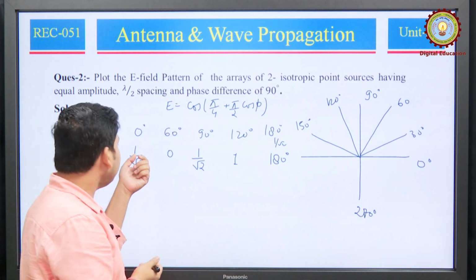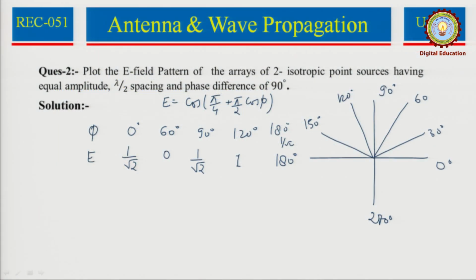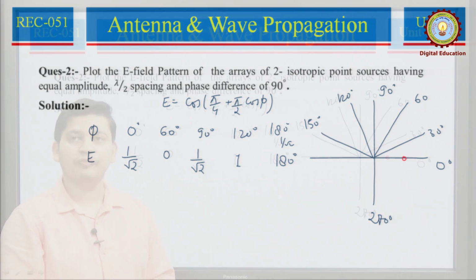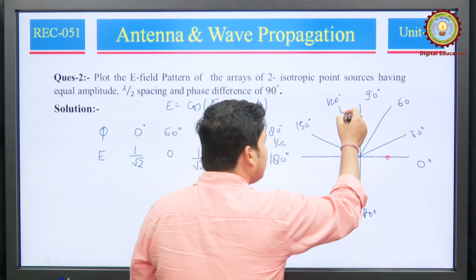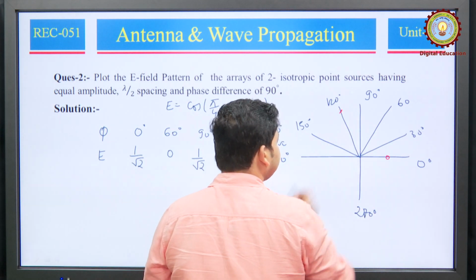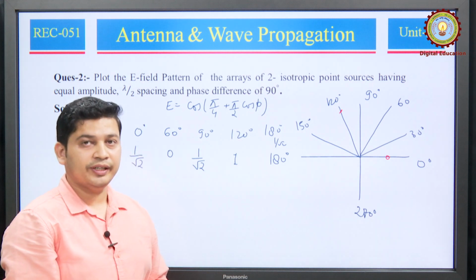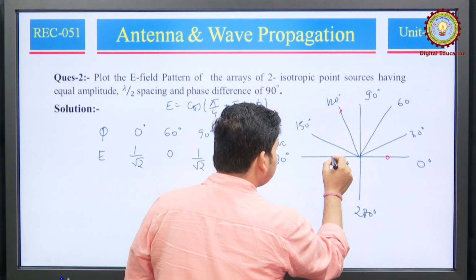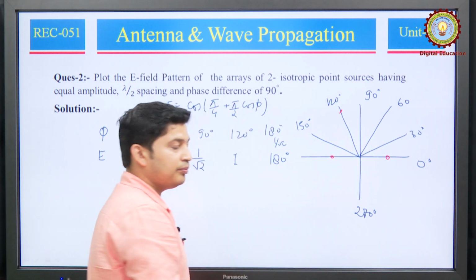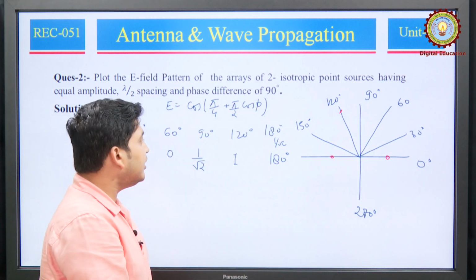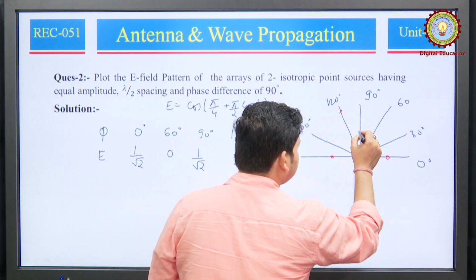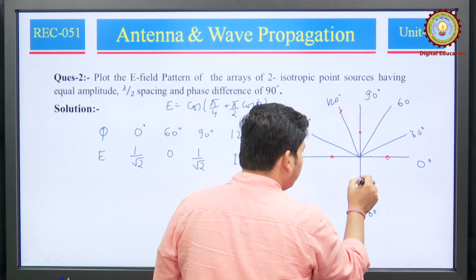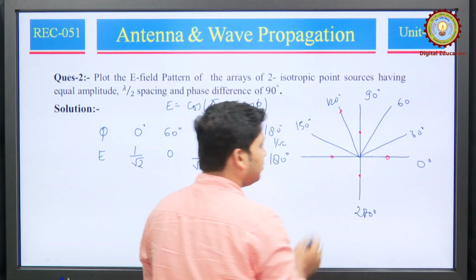So, earlier at 0 we had 0 value, but now we have some value over here which is 0.707, okay, less than 1, and we have maximum value 1 over here at 120 degree from this calculation. At 180 we have the value 1 by root 2, 90 degree again 1 by root 2, again when you are going to 270 it is again 1 by root 2, same value.